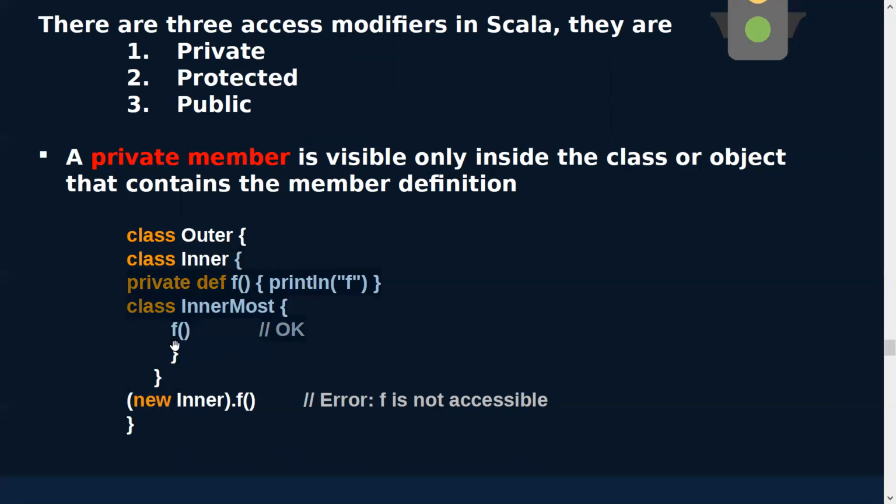After the inner class and before your outer class ends, it is not accessible. Up to here, it is accessible. And if you have any innermost classes also, even from inside them, you can access your private members.